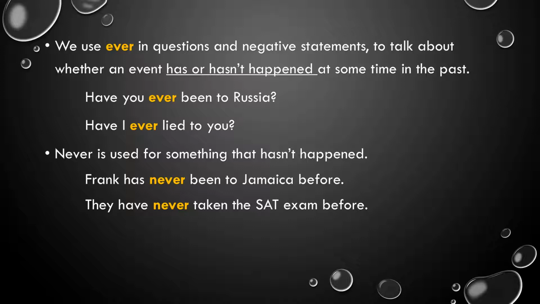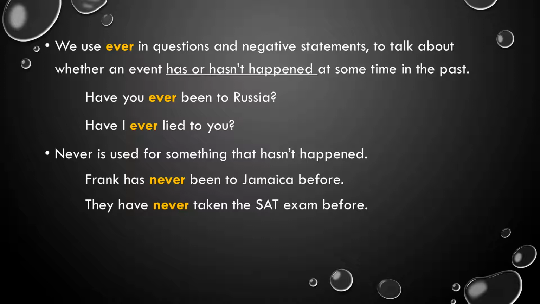The next one is never. Never is used for something that hasn't happened. We usually use never in positive sentences, but it gives us a negative meaning. So please remember that never is used in positive sentences in terms of structure, but the meaning is negative.